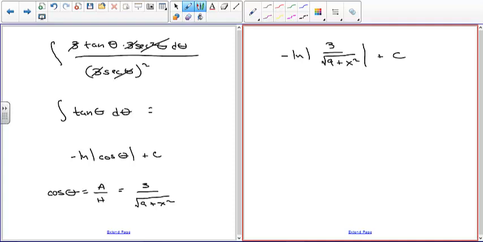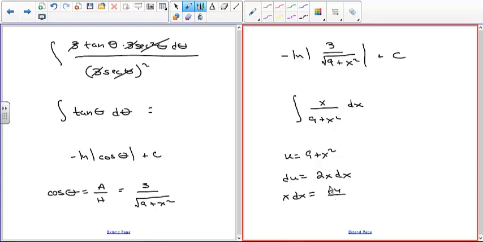The original integral was x divided by 9 plus x squared dx. So let's see what we get if we just use u substitution. U equals 9 plus x squared, so du is equal to 2x dx, or x dx equals du divided by 2.